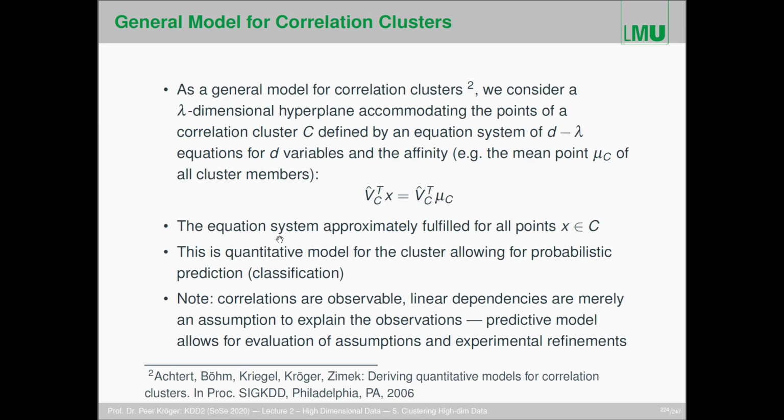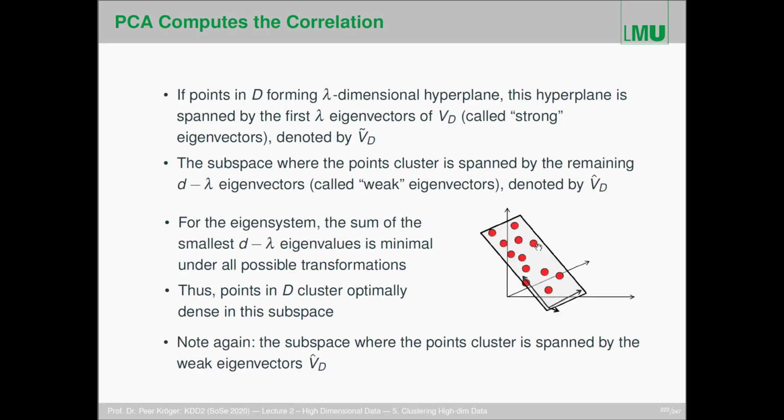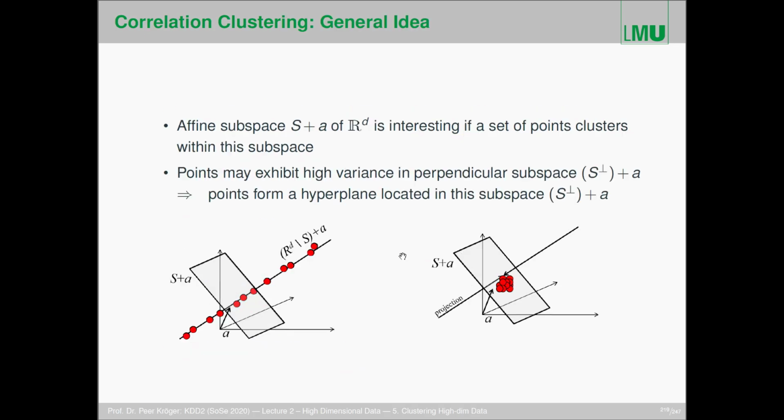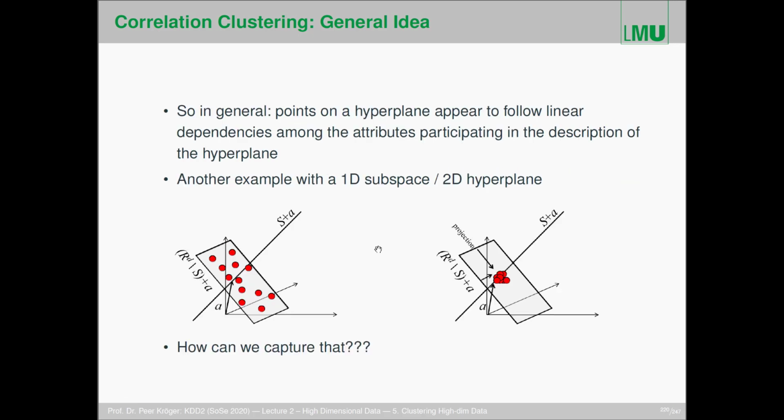So the equation system is perfectly fulfilled for all points if the points are perfectly on the same hyperplane, like here. But in reality, if we look at this one here, the points will probably not be perfectly on the common hyperplane. So in this case, it's a line. Yeah? So in that case, we have to allow for some jitter.